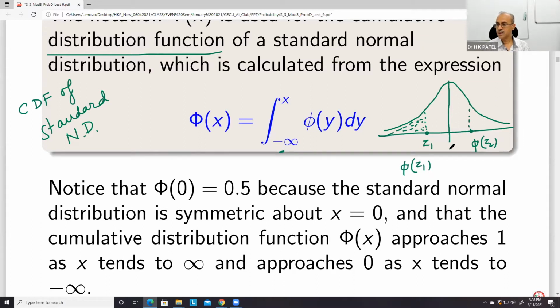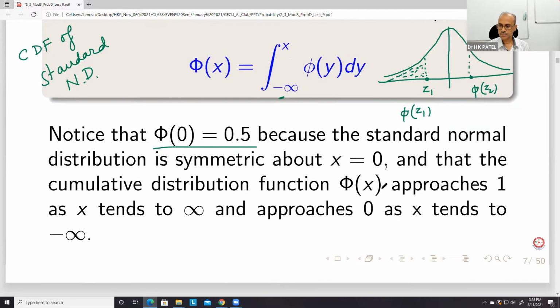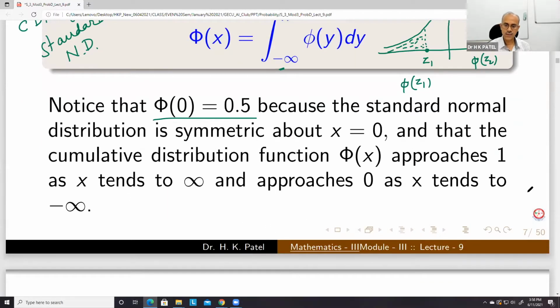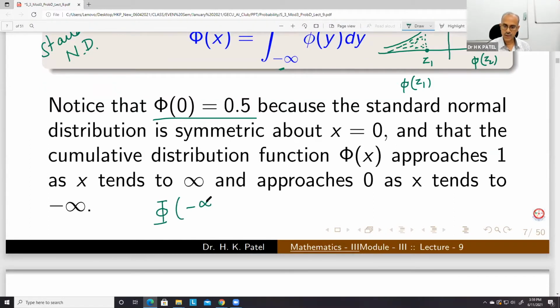And the mean is 0 because it is standard normal distribution, and therefore we can see that both sides have the same area, that is 0.5, 0.5. Similarly, capital phi of minus infinity will be equal to 0, and capital phi of plus infinity will be equal to 1 because this is the total area under the normal curve.